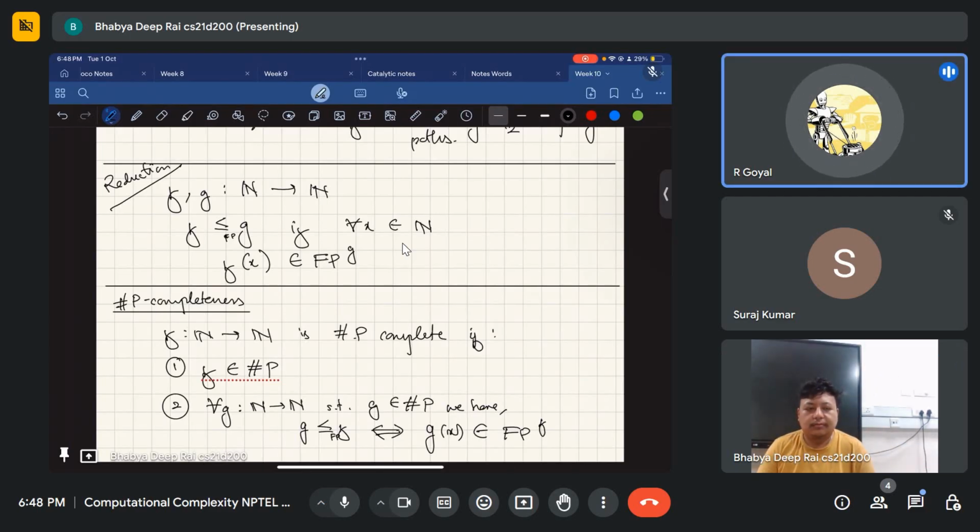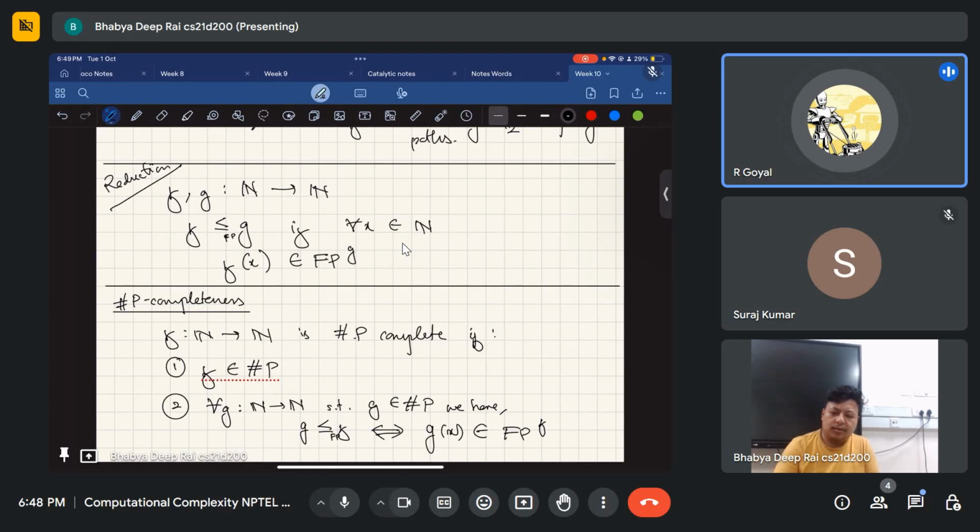Reducing g to f would mean that I pick any instance of g, and then I can rephrase that instance by applying a function.